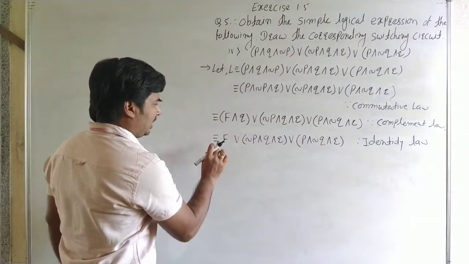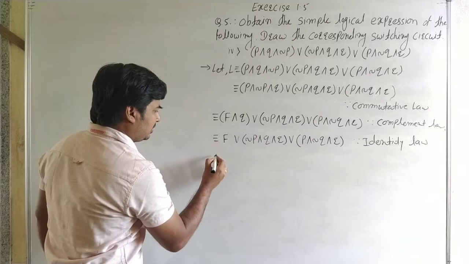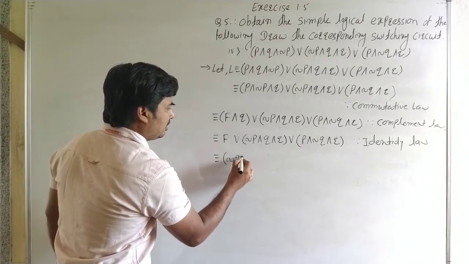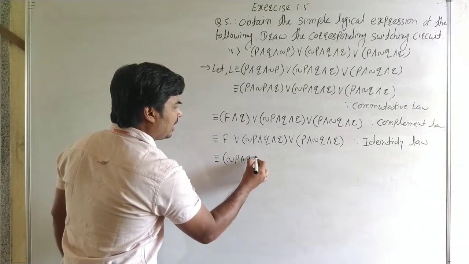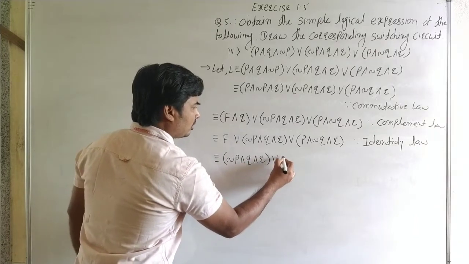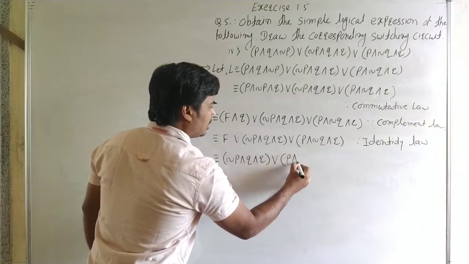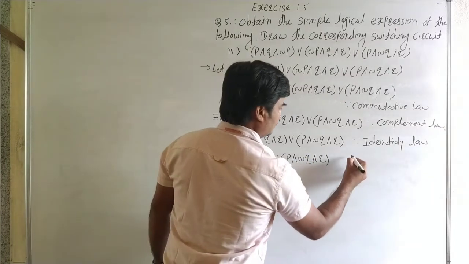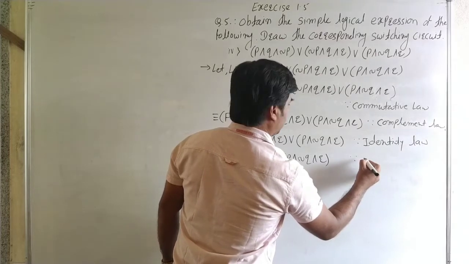Now again here statement or contradiction, it is a statement. That means here it is negation P and Q and R, or P and negation Q and R. Here it is again identity law.